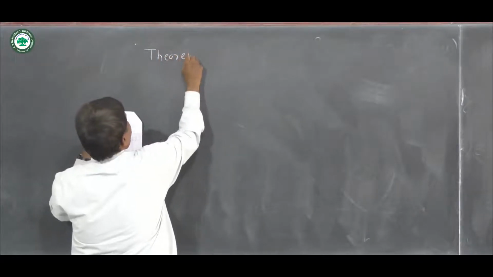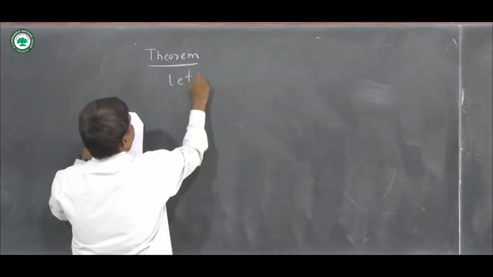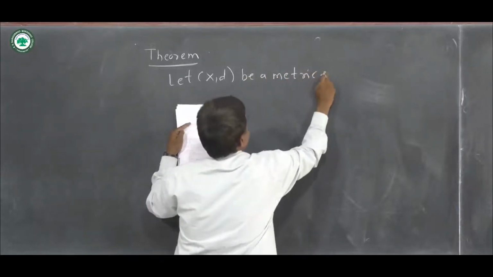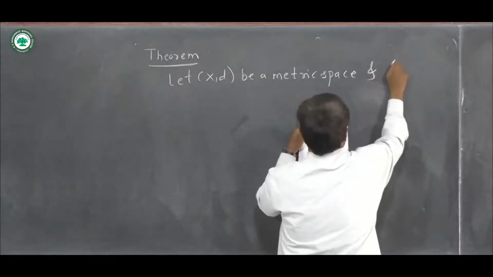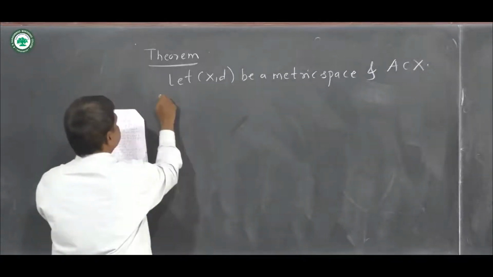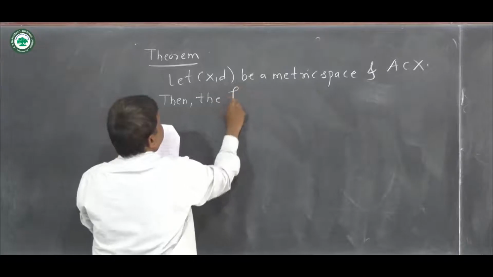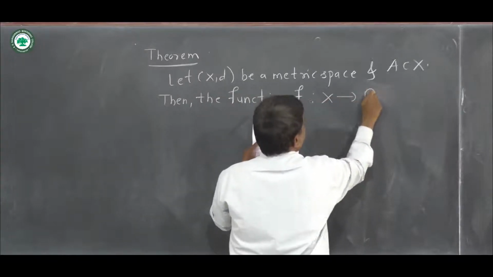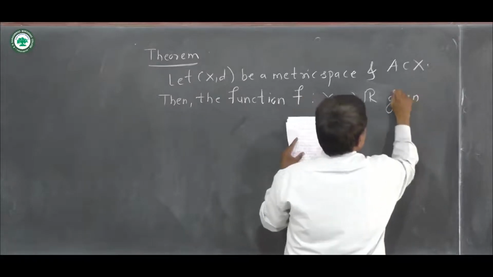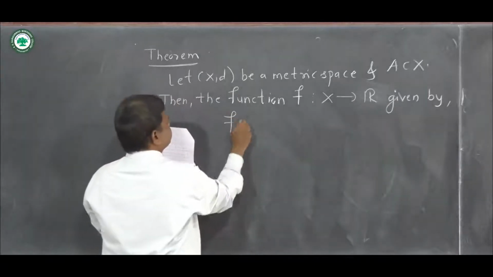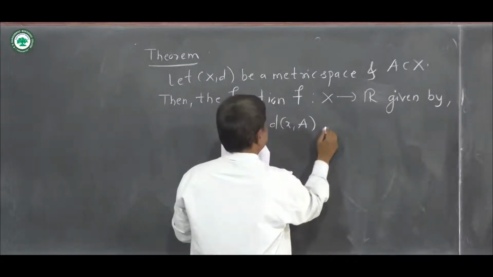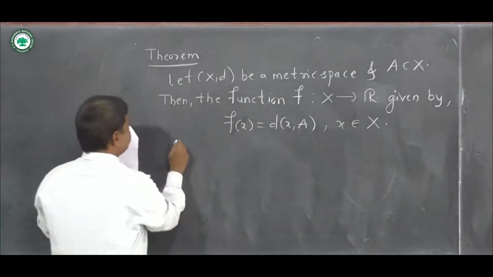The next theorem is that: let (X, d) be a metric space and A be a subset of X. Then the function f from X to R, that is a real valued function given by f of x equal to d of x comma A, that is the distance between the point and the set, where x belongs to X, is uniformly continuous.